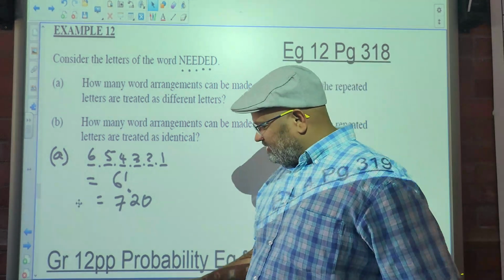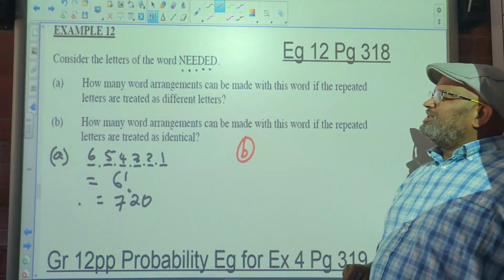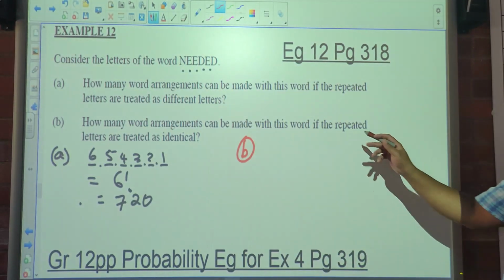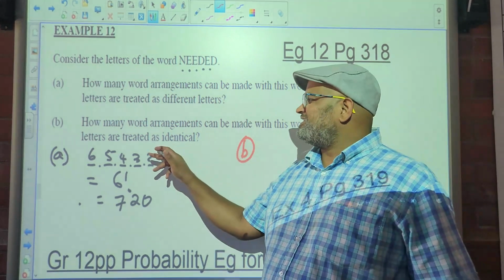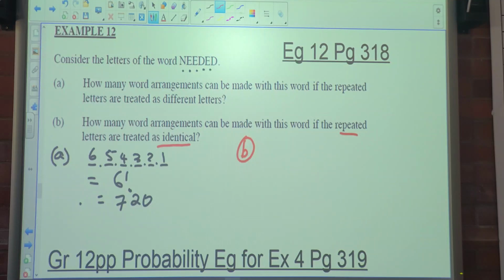So let's look at B. How many word arrangements can be made with the word if the repeated letters are treated as identical? Do we apply the formula here?